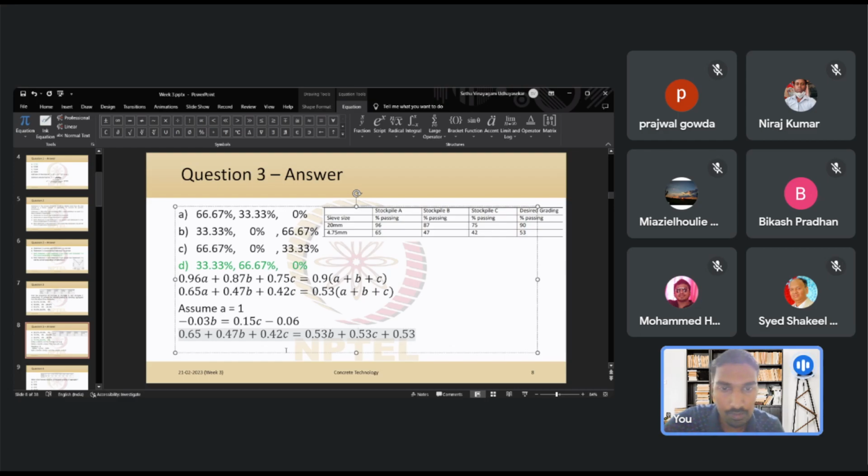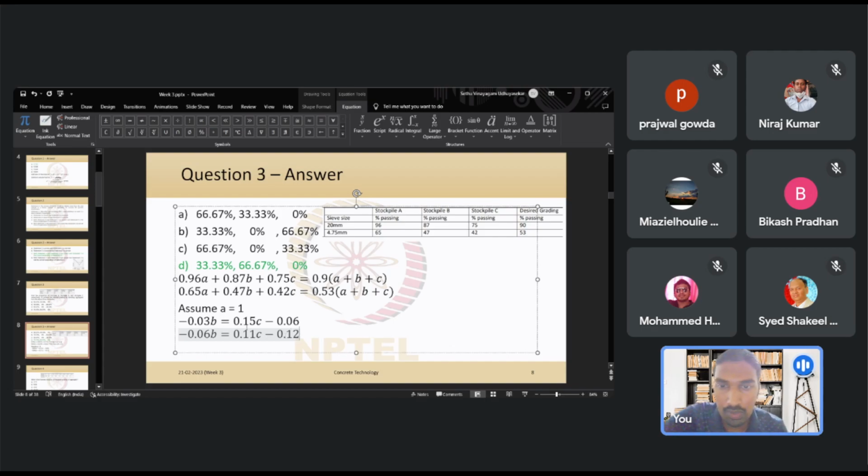So again, if we bring B to one side, C to the other side, and the constants to one side, then we will see that minus 0.06B is equal to 0.11C minus 0.12. Okay, so again, if you substitute A equal to 1 and then simplify it, you will get this equation. Equation 2 will reduce to this equation here, right?